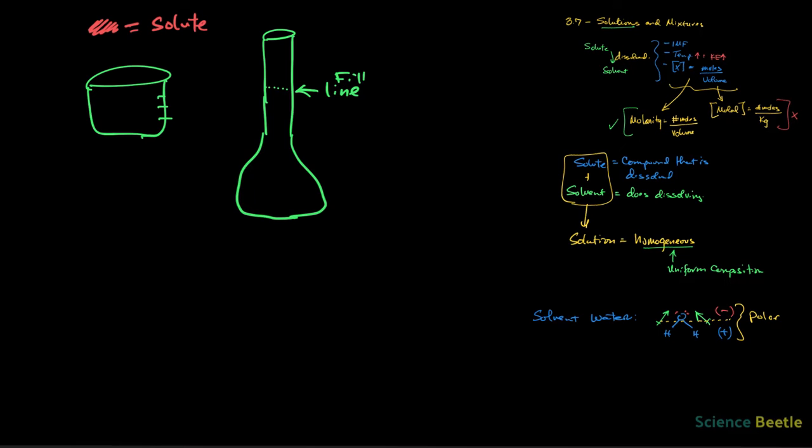Now, if you want to prepare a given concentration, typically the equation that you want to use from before is the big M for the molar concentration. And this is going to be equal to the number of moles of the solute mixed in a certain volume of solution. And this volume is typically going to be in liters.